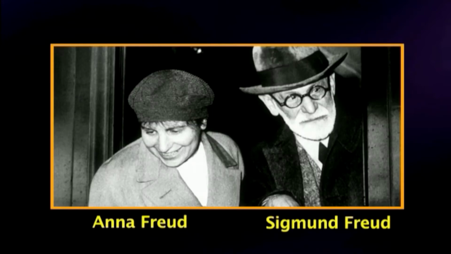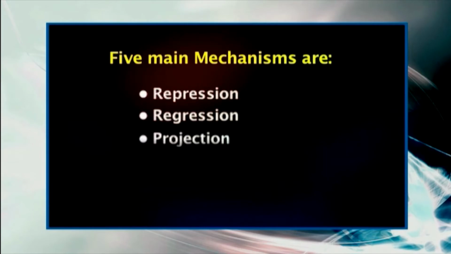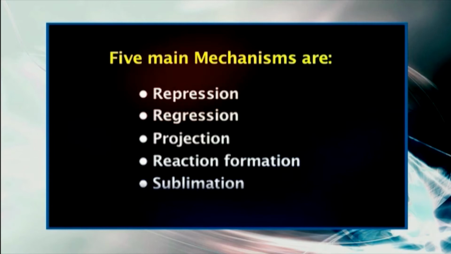Both Anna Freud and her famous father, Sigmund Freud, studied mental mechanisms, but Anna spent more of her time and research on 5 main mechanisms. They are repression, regression, projection, reaction formation, and sublimation.